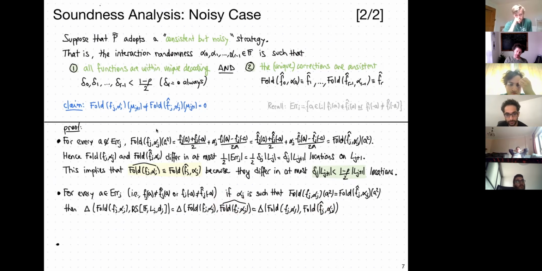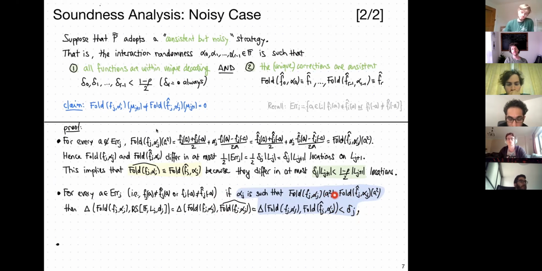And then we know that the distance must be less than delta, right? Because it means that there exists a point where we actually don't get an error. So the distance is no longer what it was before, delta, but rather we at least lost one point where we had correction. But now something is wrong, right?